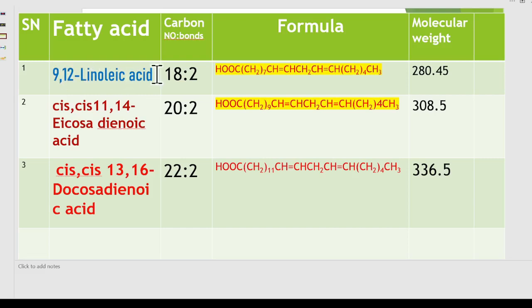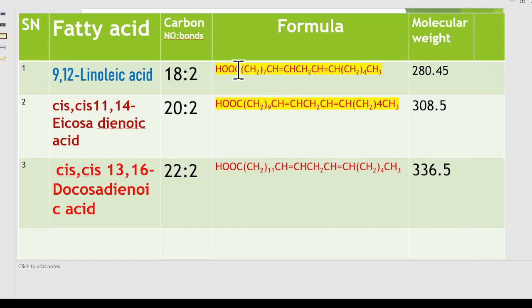9,12 linoleic acid. It contains 18 carbons and two double bonds. The two double bonds are present at 9th carbon and 12th carbon. That means the first bond is between 9 and 10. The second double bond is between 12 and 13. And you can see here this chemical formula, COOH, CH2 times 7, CH.